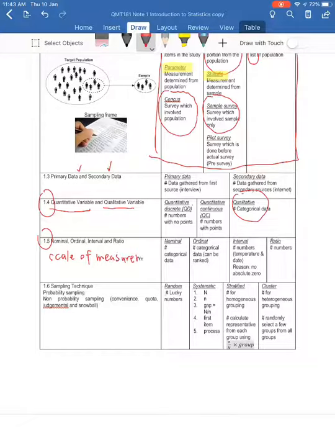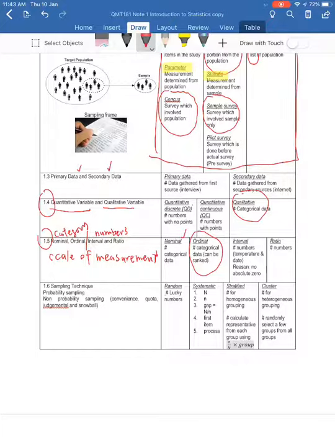Alright, this one 1.5 is scale of measurement. We abbreviate it as NOIR, N-O-I-R, and you can divide it into 2. This one is category, this one is numbers. For category: nominal, ordinal. The difference is if your category can be ranked, it will be ordinal. If the category cannot be ranked, it will be nominal.